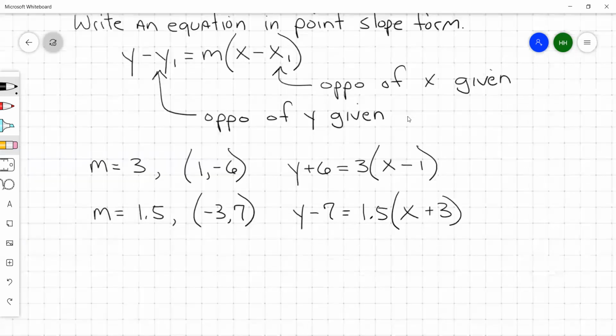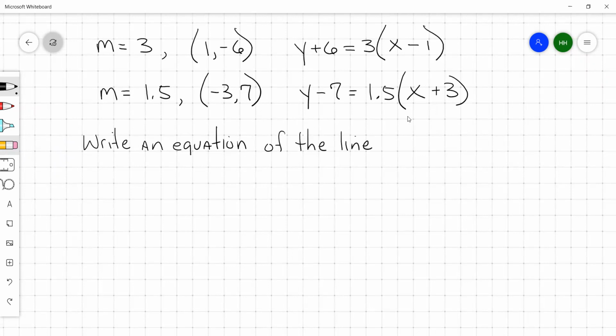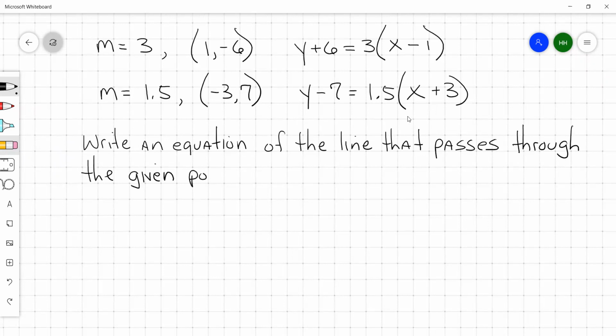Third type of problem you're getting today. Write an equation of the line that passes through the given points in slope-intercept form.